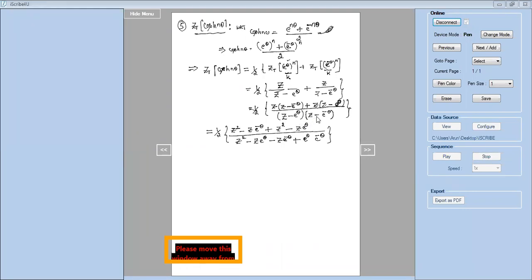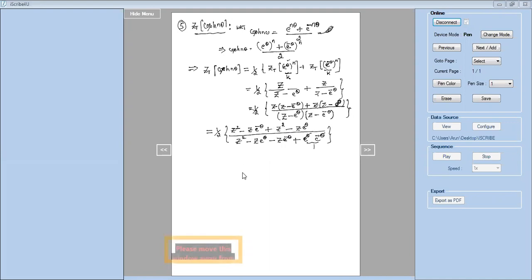Now here this plus theta minus theta gets cancelled. You get e power 0, and e power 0 is 1, this term. And here I can take minus z common. So you simplify like that. Here also minus z common. Z square plus z square is 2z square.